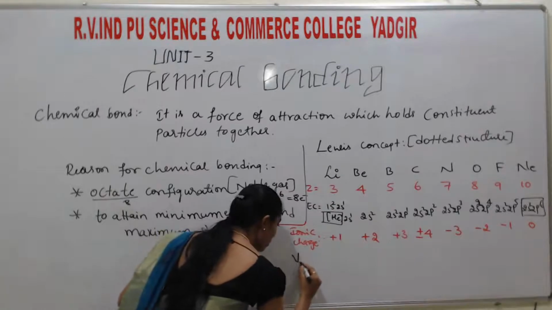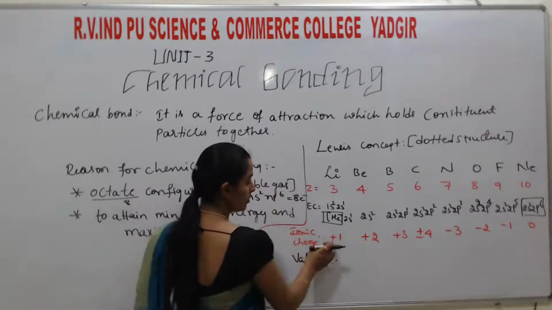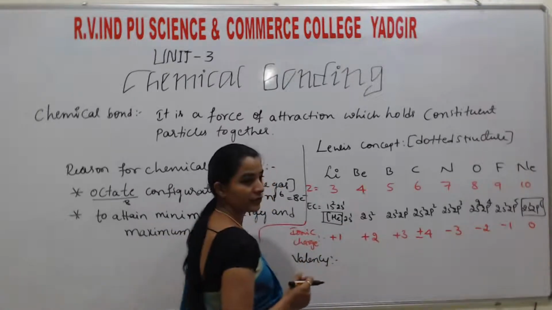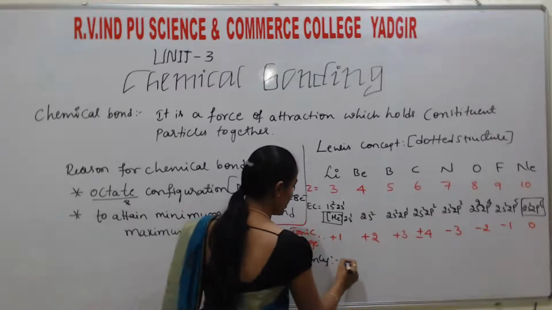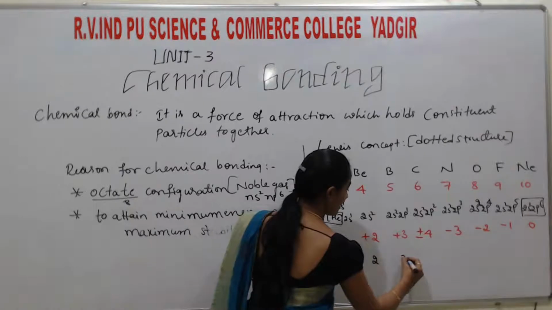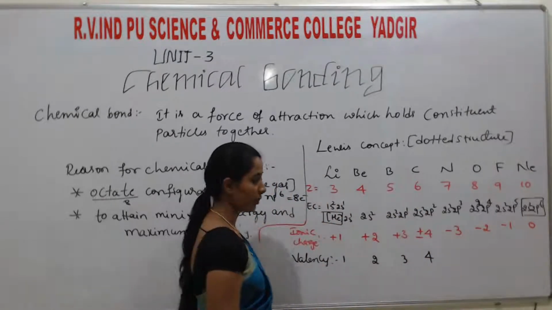Then, if we want to know the valency, whether positive or negative, the number is the valency of the respective atoms. Here plus 1 means valency is 1. Here plus 2 means valency is 2. Plus 3 means valency is 3. Plus or minus 4 means valency is 4.